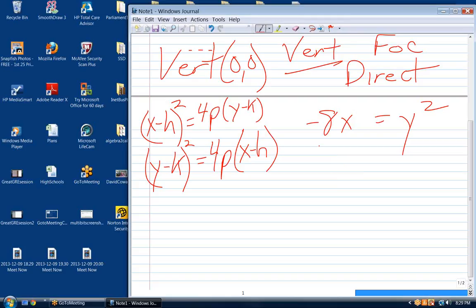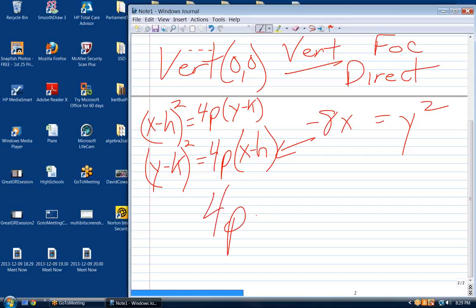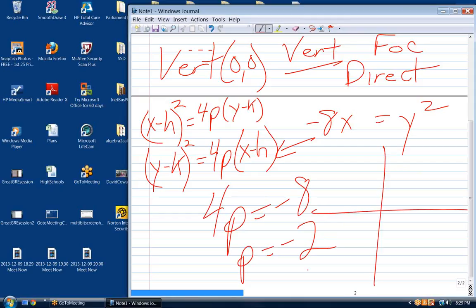Okay, so I know this is horizontal, so I have to relate it to this one. What's 4p equal to? Negative 8. P is equal to negative 2. Is it open to the right or to the left?